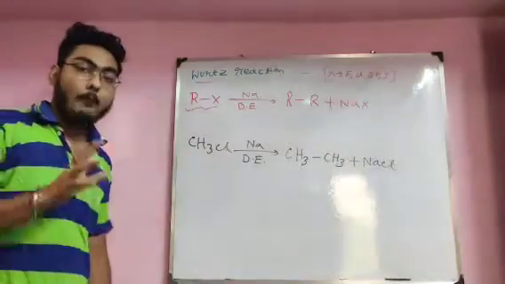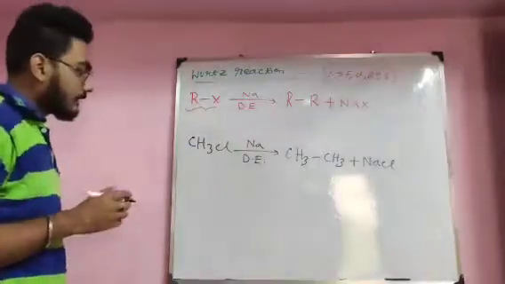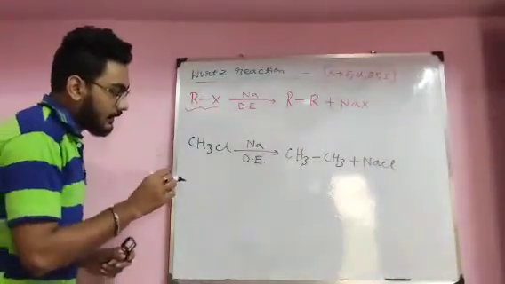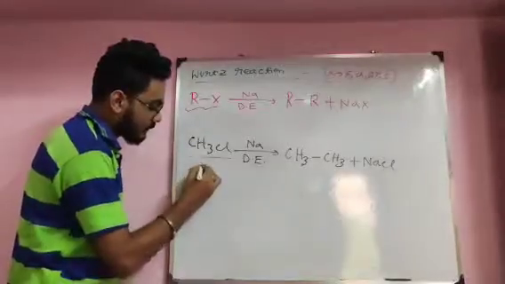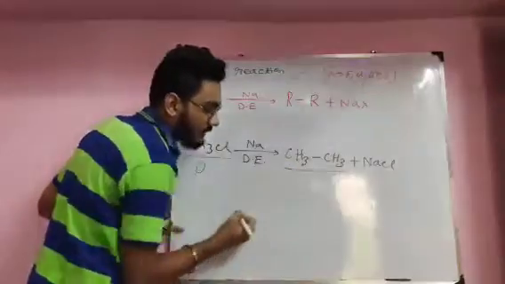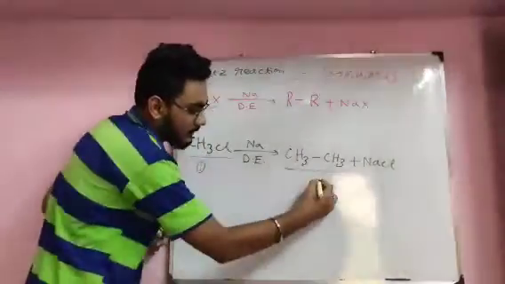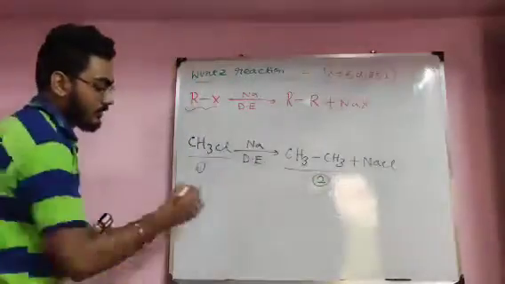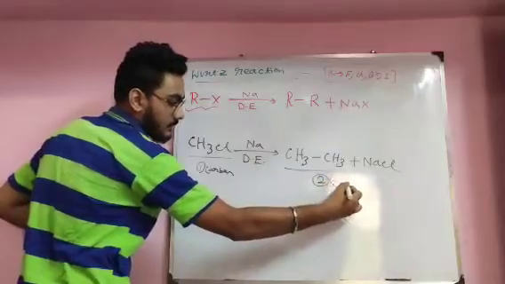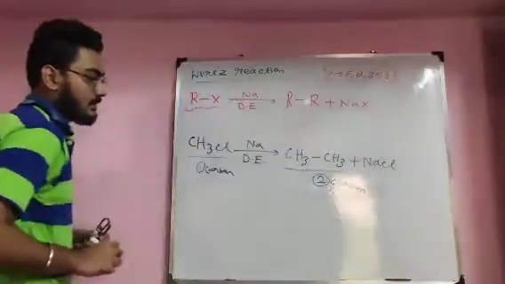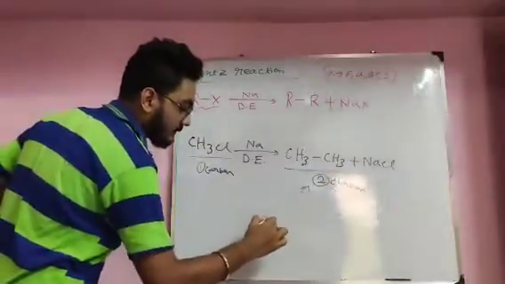The trick of the Wurtz reaction is that the carbon present in the reactant is 1 and in the product is 2. So in the Wurtz reaction, the carbon number is doubled.